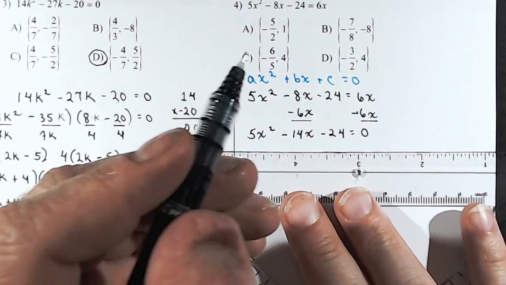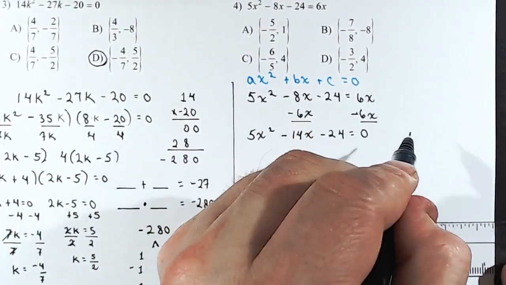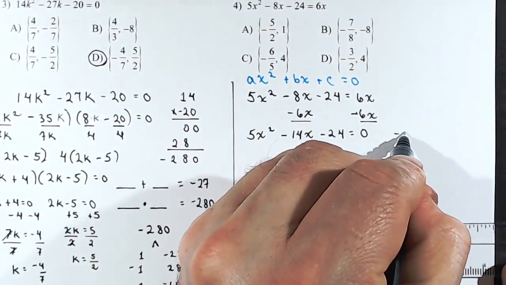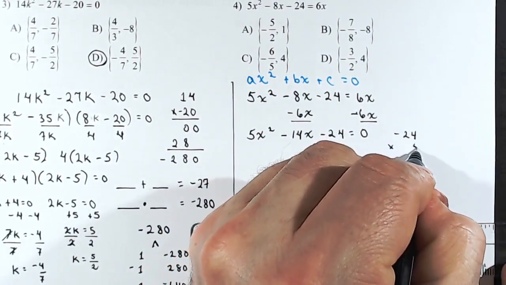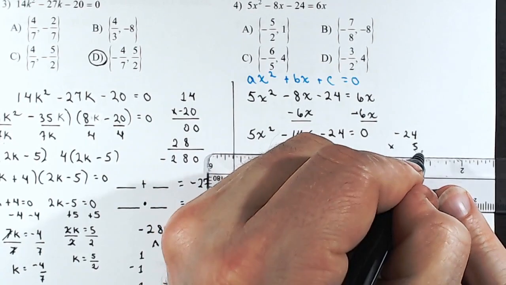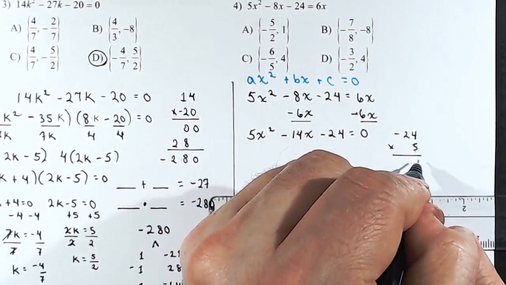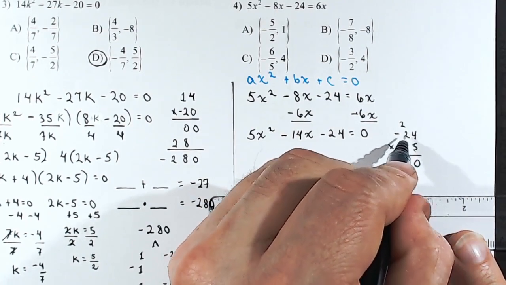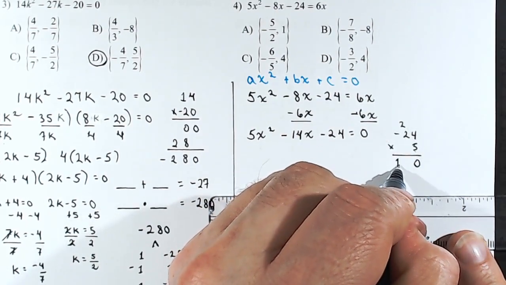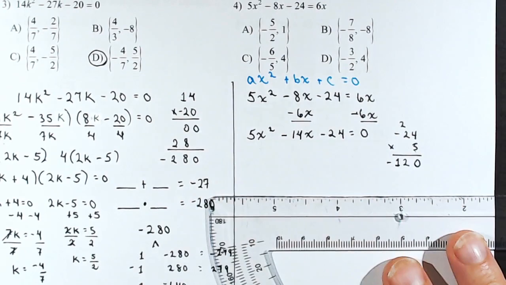So over here in side work, we need to put negative 24 times 5. Okay, maybe you can do it in your head. Okay, so 4 times 5 is 20, carry the 2. And then 2 times 5 is 10 plus 2 is 12. So it's negative 120.